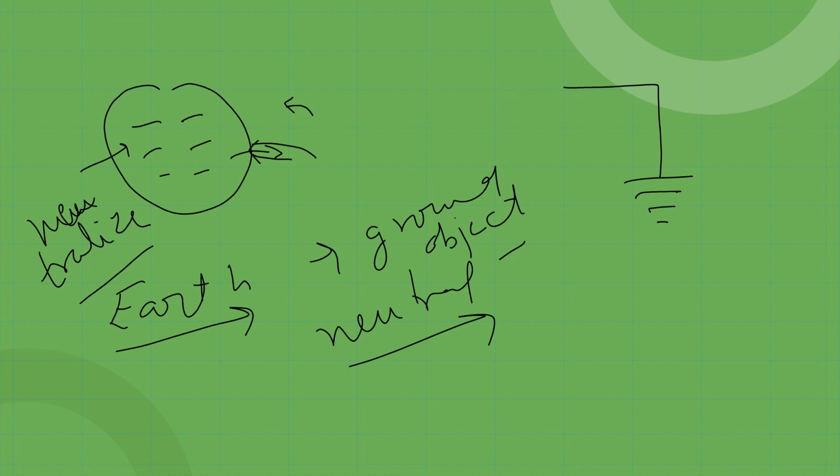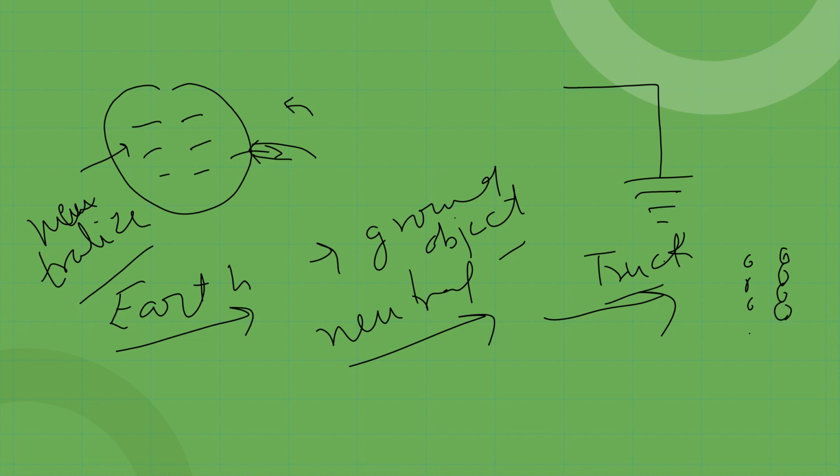Okay. You have seen large trucks which have a chain attached to them at the bottom. Why is there a chain attached at the bottom?